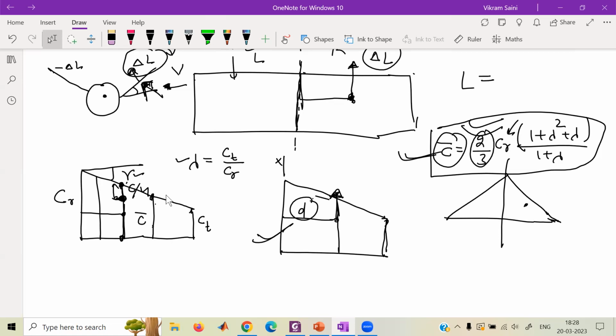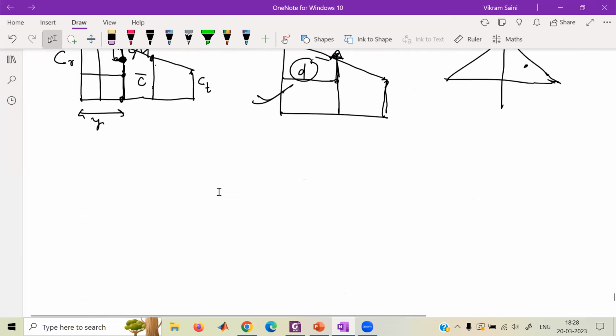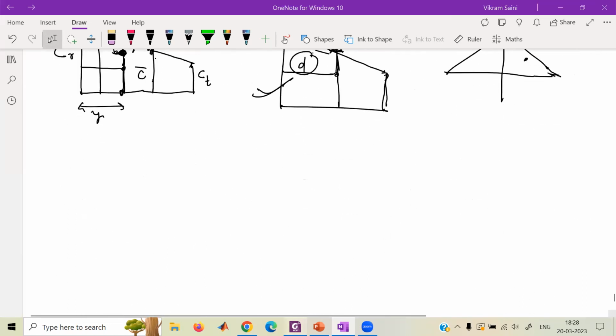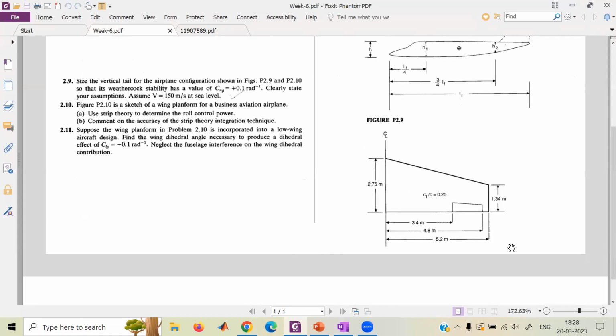But once we localize the C bar, where is this length from here, this distance y, we can compute that moment. All right. So since we have the geometry, all of the required numbers are here, we can compute this location C bar.